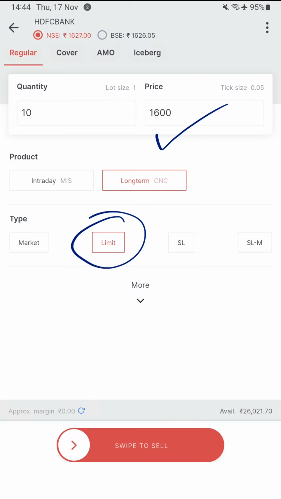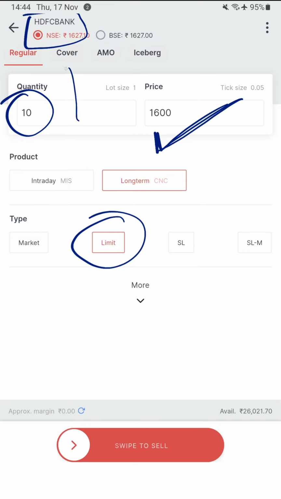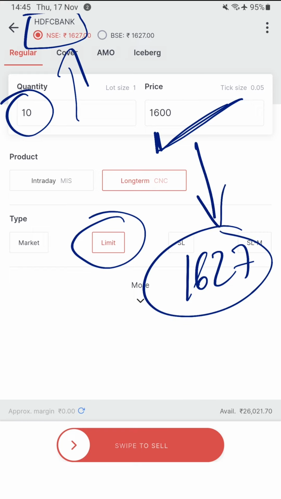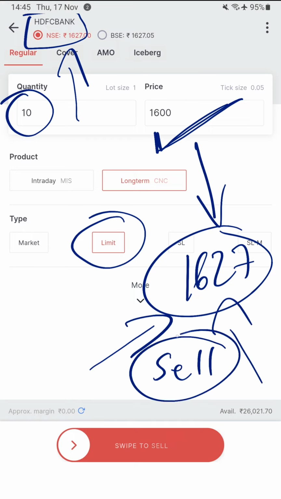This will denote to Zerodha that you are willing to sell 10 quantity of HDFC Bank at 1600 rupees. But the current market price is 1627, which is higher than what you are asking for. So Zerodha will think, I can get you a better price, and sell your stocks right away at 1627.